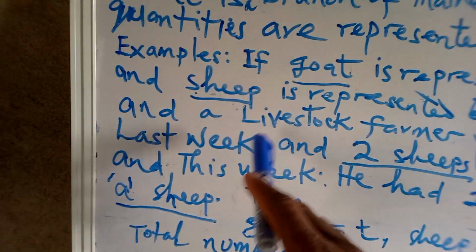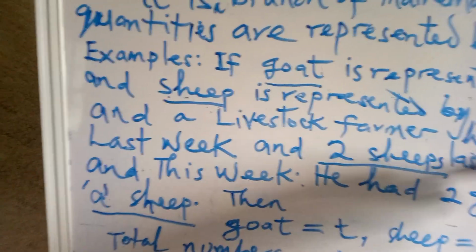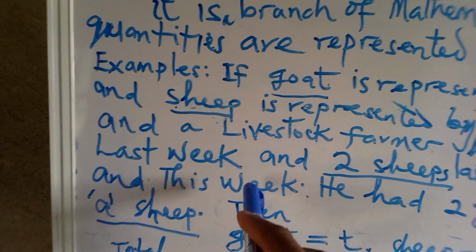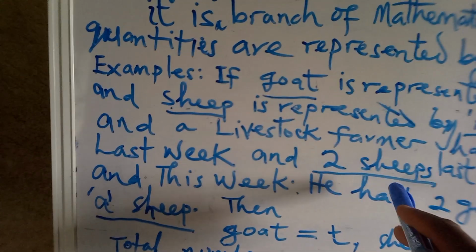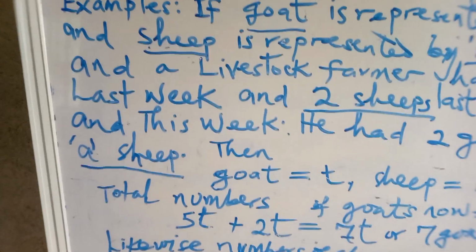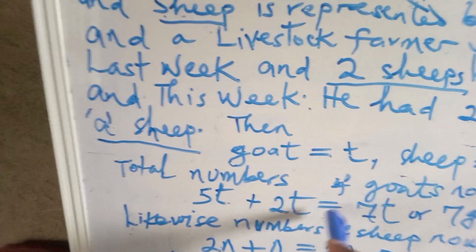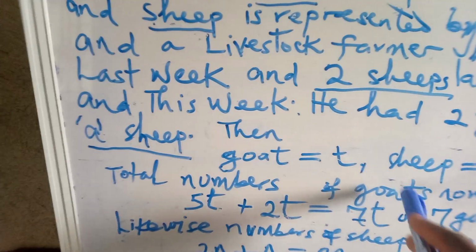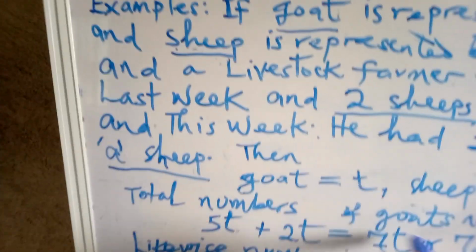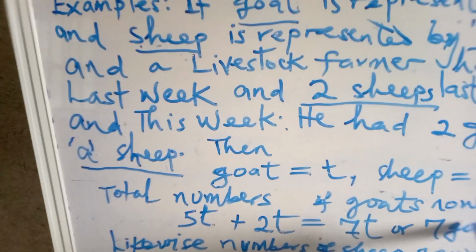In the previous week we had 5 goats, which is 5T, and this week we have 2 goats. So altogether it will be 5T plus 2T, which is equal to 7T. Goat is denoted by T, so 7T will be 7 goats.